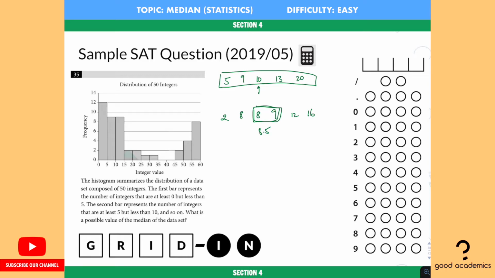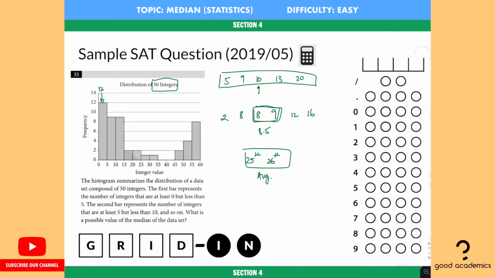So make sure that you know that. Here we have a total of 50 integers, ranked as shown in the histogram. That means the median would be the 25th and the 26th ranked numbers added together, and then we find the average. So where are these 2 numbers? If you look at the first bar, that gives you 12 numbers.